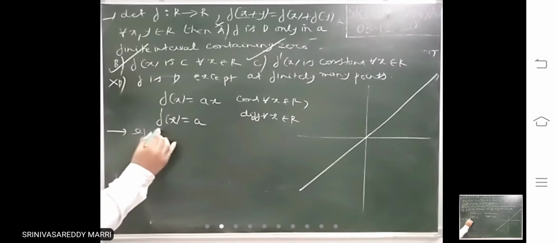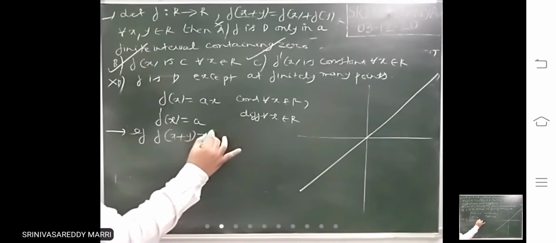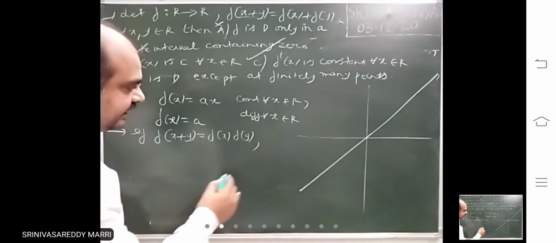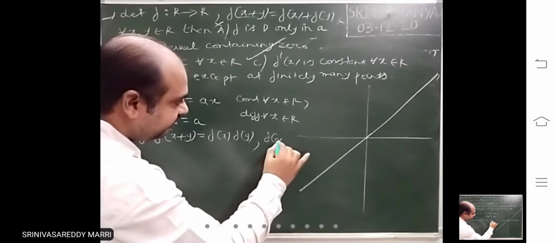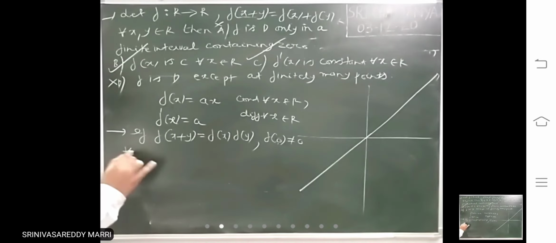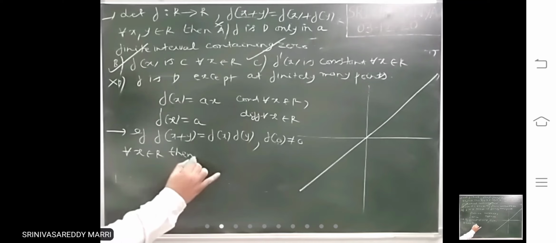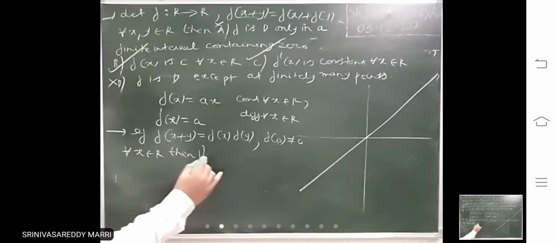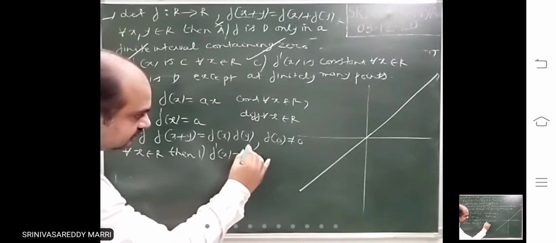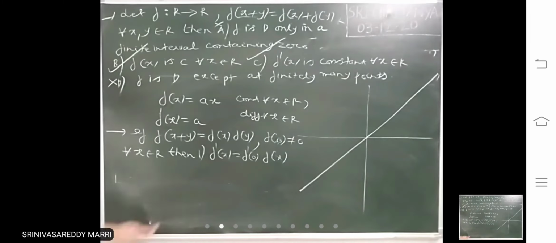Next question. If f of x plus y equal to f of x into f of y, f of 0 not equal to 0, for all x belongs to R, then number one, f dash x equals f dash 0 into f of x.